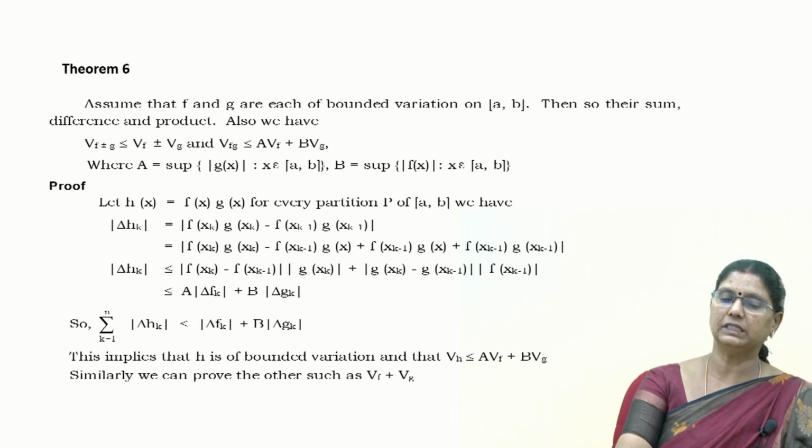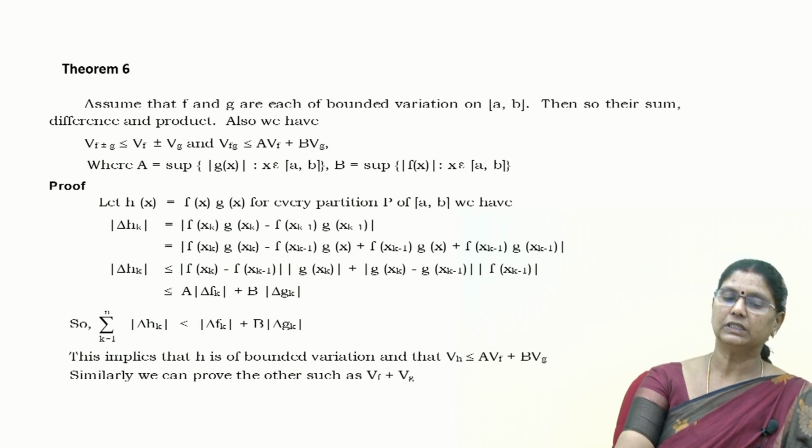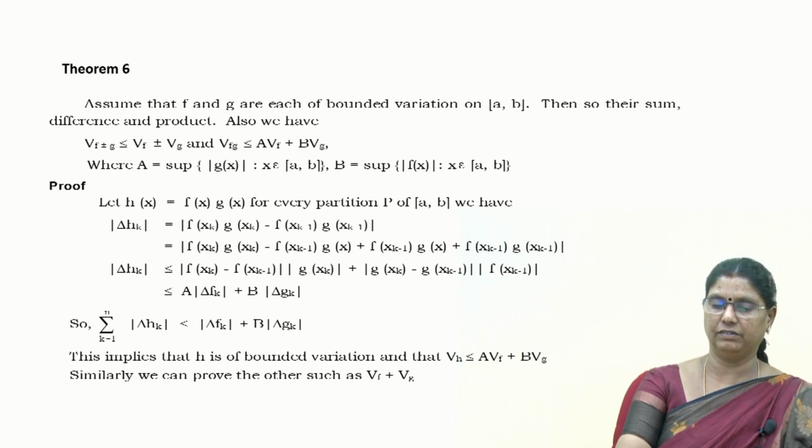So, to prove this, let us define h of x as f of x into g of x, for every partition p of the closed interval a comma b. Now, we consider the modulus of delta h k, which is defined as modulus of f of x k into g of x k minus f of x k minus 1 into g of x k minus 1.